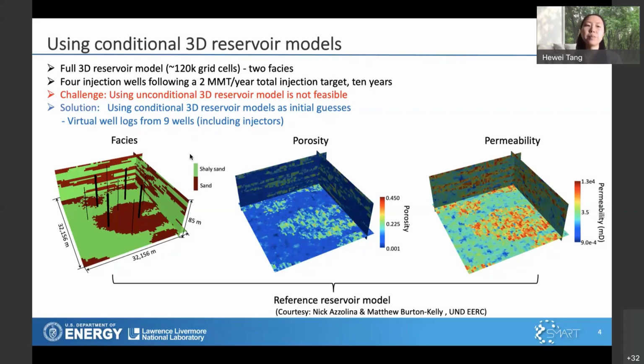So we finally decided to use conditional 3D reservoir models as our initial guesses. And we use virtual well logs from 9 wells to give us hard data to build the initial guesses of reservoir models. And I will go into the details of how our geostatistical modeling workflow looks later.